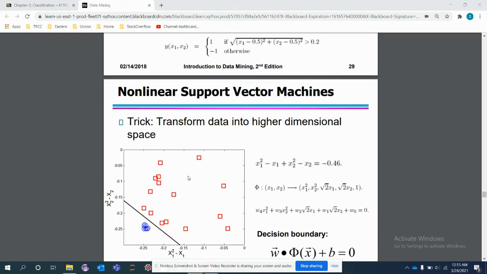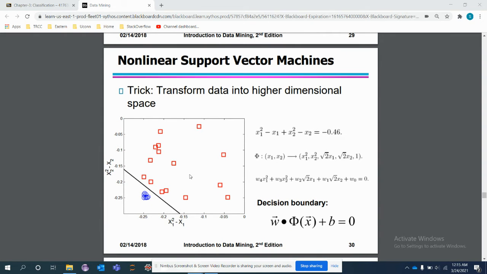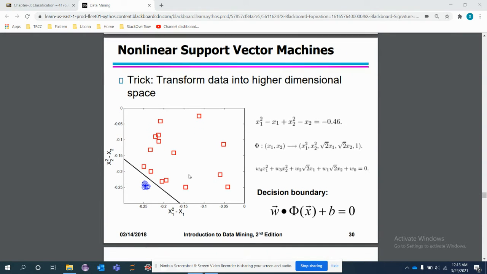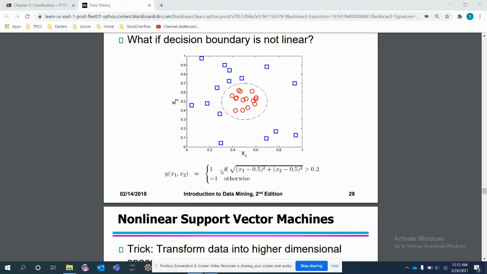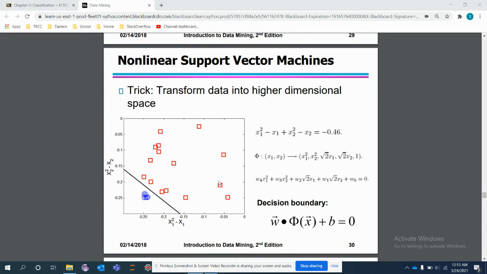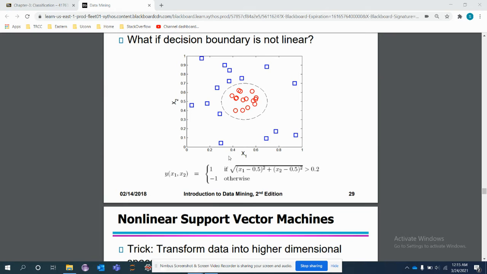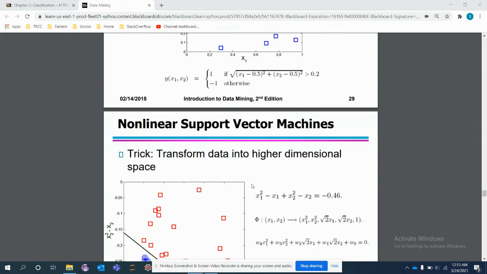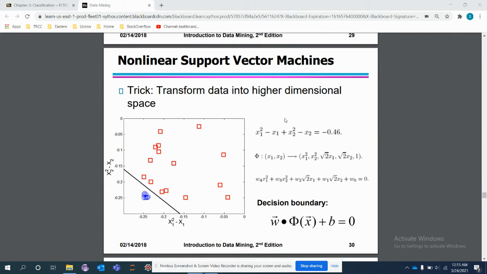Let's see how to transform the data into the higher dimensional space. You just saw the basic formula for a two-dimensional data point in a plane. The previous decision boundary formula can be further simplified into a quadratic equation, which you see here, the first equation.